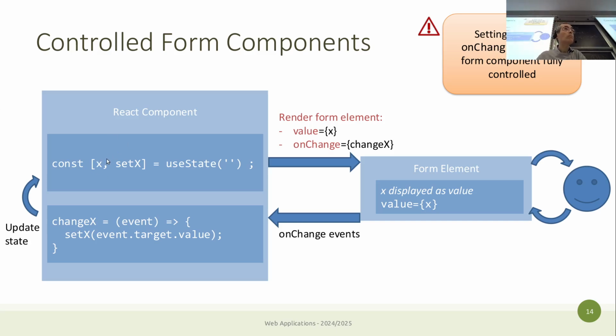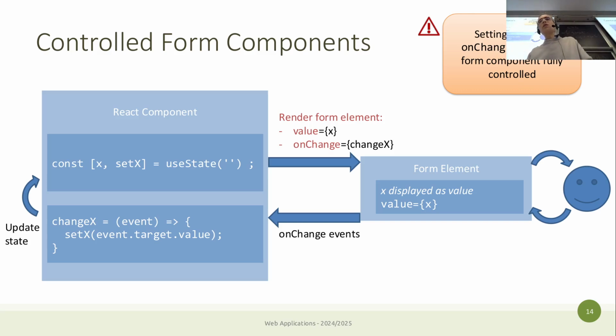Okay? If we are just in HTML, just as an example, we would have to capture this event and basically replace the content of the value, but everything is to be done manually. With React, it's just about changing the state, and the state triggers a re-render of the component. So it just shows the new value automatically.